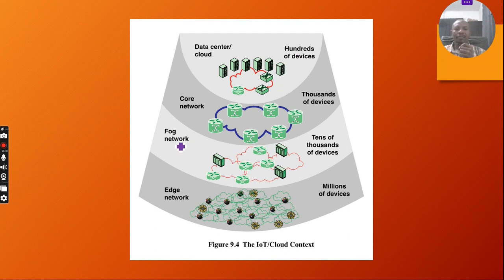Then after that, we have the fog network. The fog network has tens of thousands of devices connected. Here you have the data center, the routers, and whatever is on the network. Then you have the edge network. Here are millions of devices connected on the edge network, where you normally find your smart devices connected for the Internet of Things.